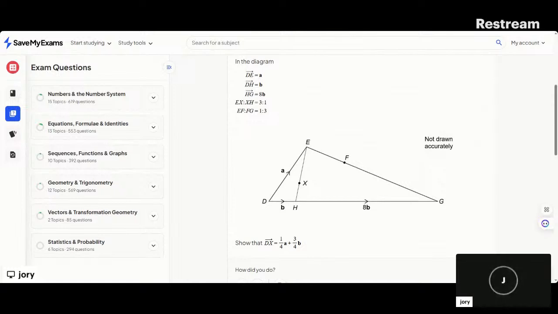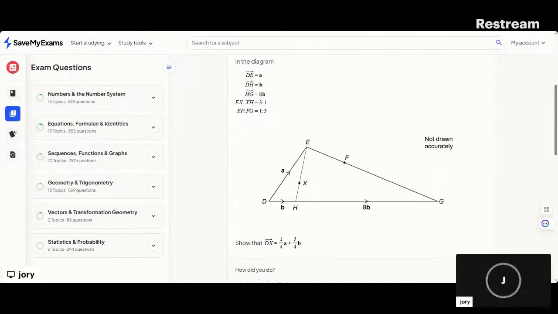Okay. And then XH equals 1/4 of EH, right? Equals B over 4 minus A over 4. Okay, so we got that.